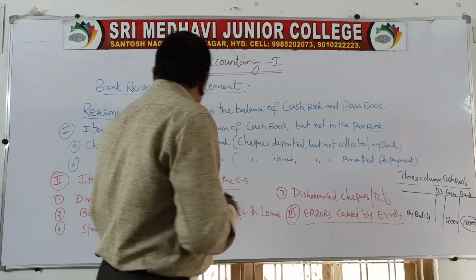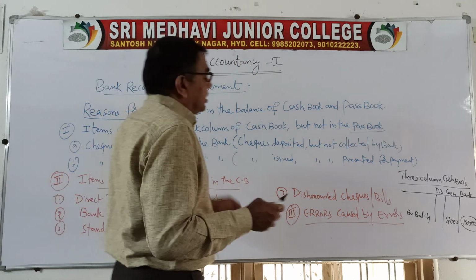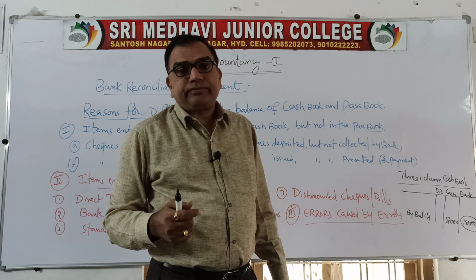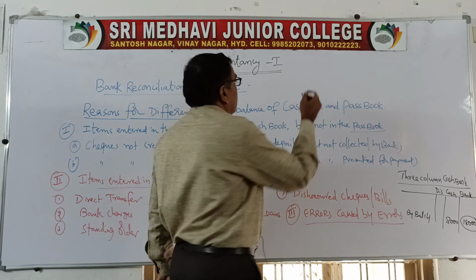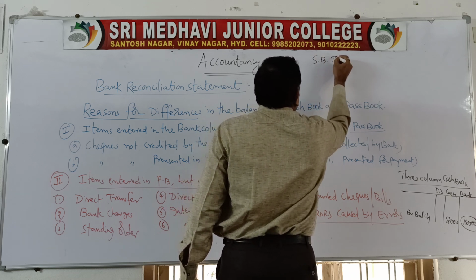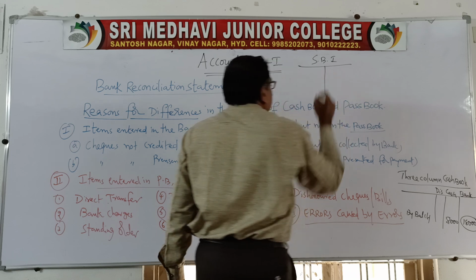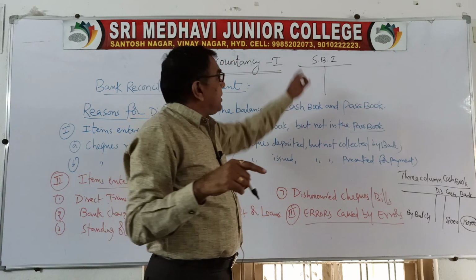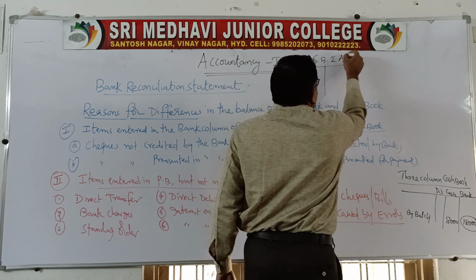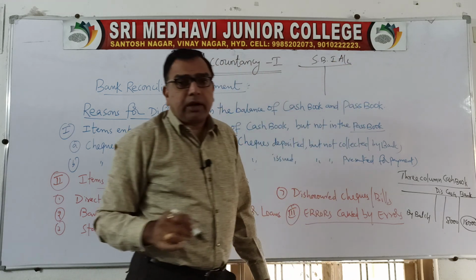For example, take Sri Medhavi Junior College. Sri Medhavi Junior College has an account in a bank, say State Bank of India. So we prepare the State Bank of India account.